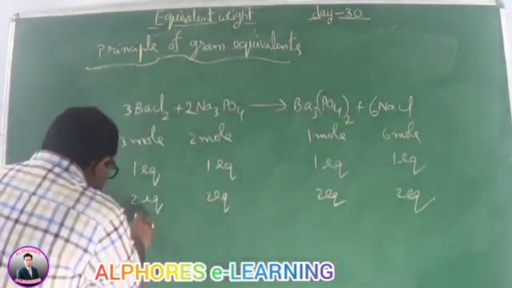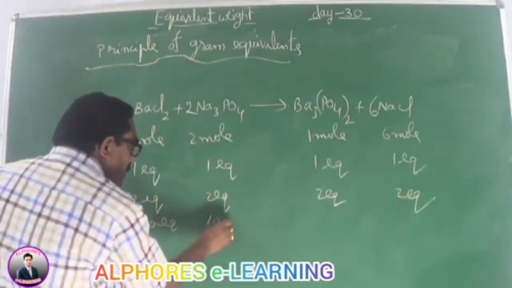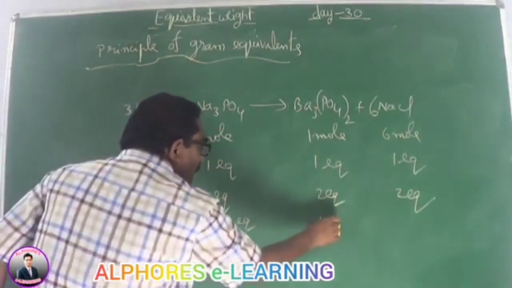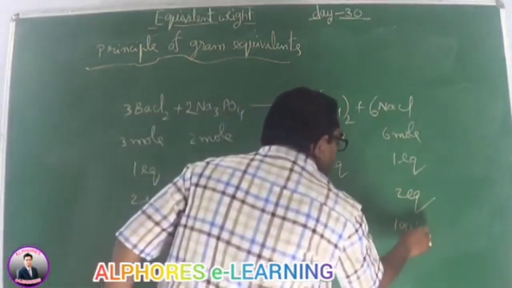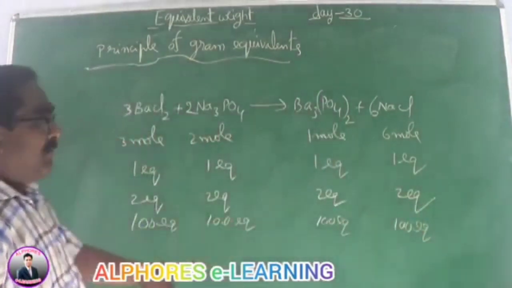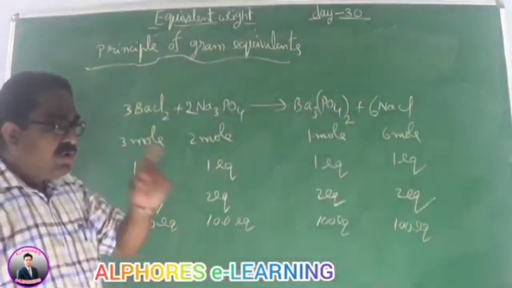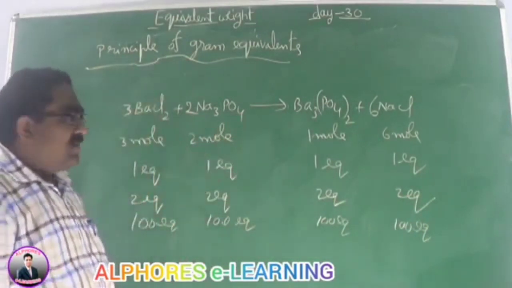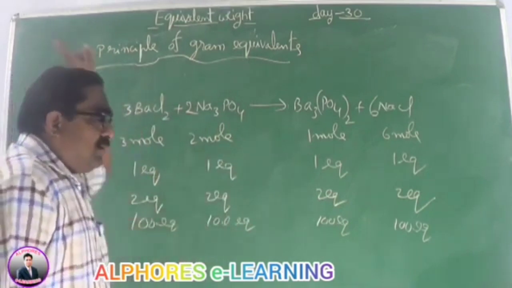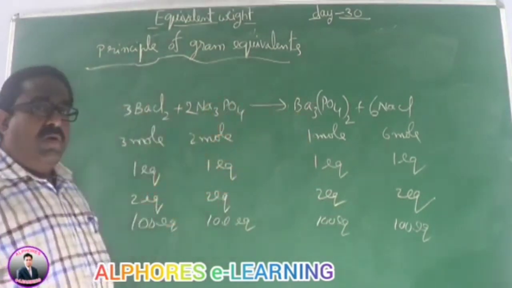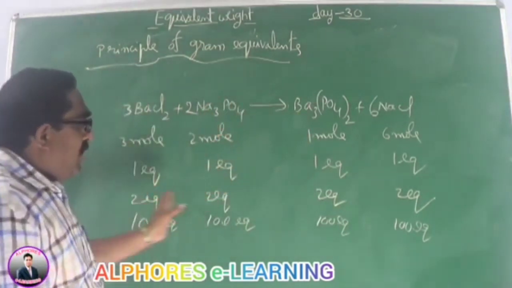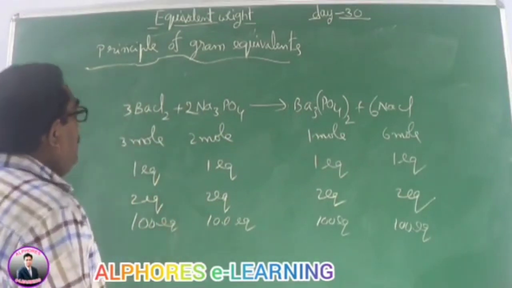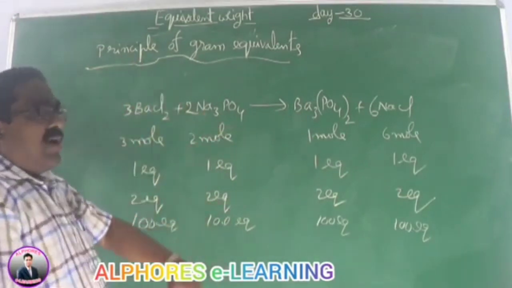If you start with 100 equivalents, it combines with 100 equivalents and forms 100 equivalents each of the products. Moles may be different, but the equivalents should be the same for a chemical reaction throughout, with respect to all the components, both the reactants as well as the products. That is the meaning of the principle of gram equivalence.